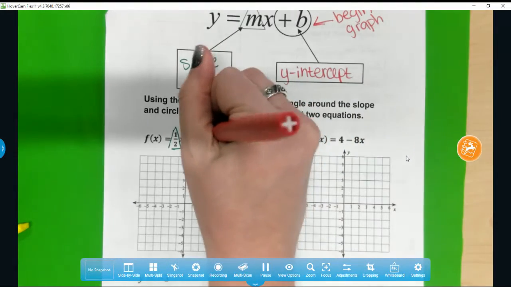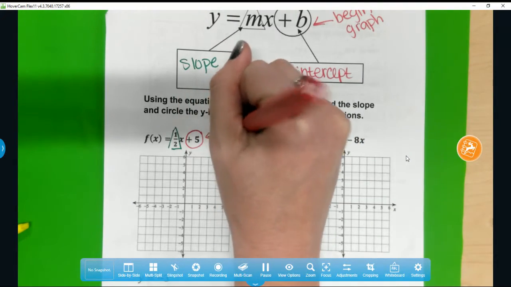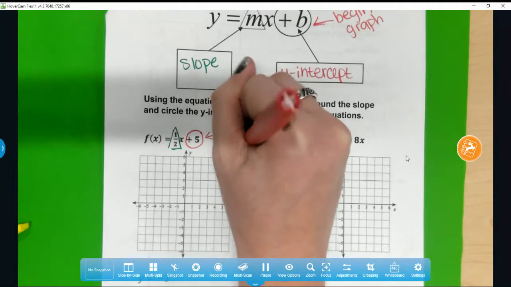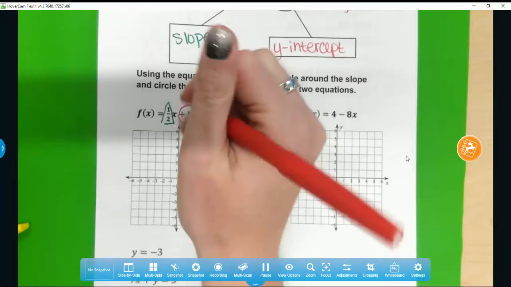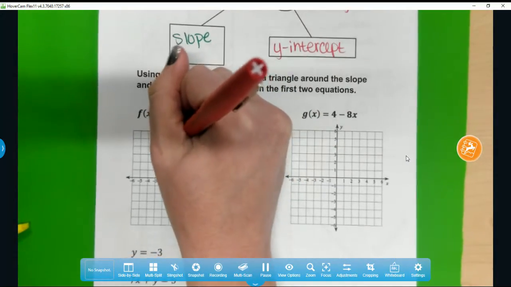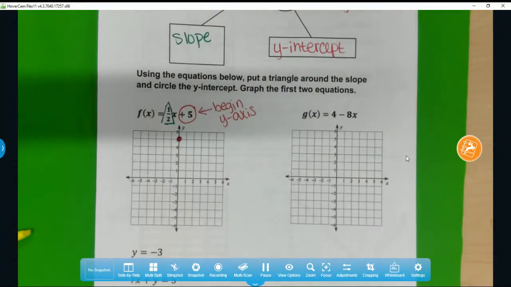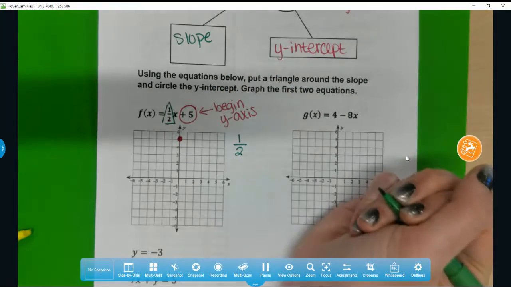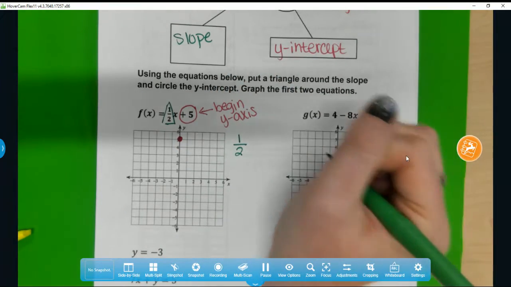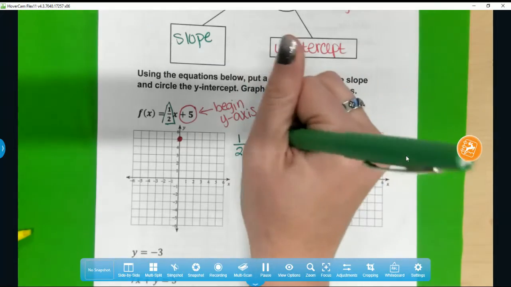So I begin with 5 on the y-axis. So I'm going to find 5 and I'm going to put a dot. Okay, my slope is 1 over 2. Slope is y over x.